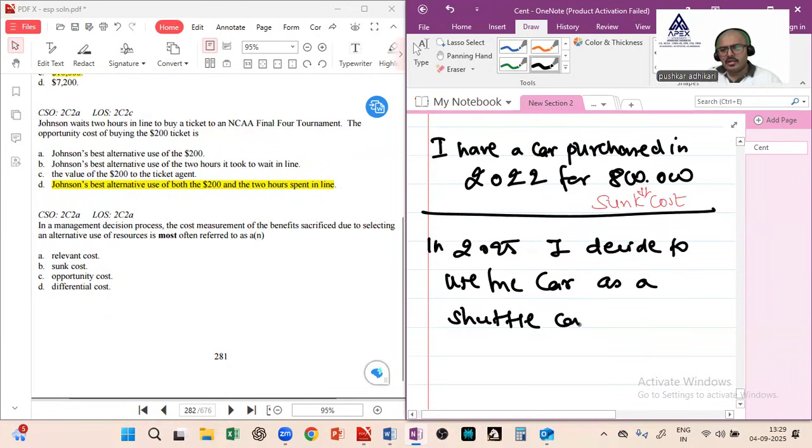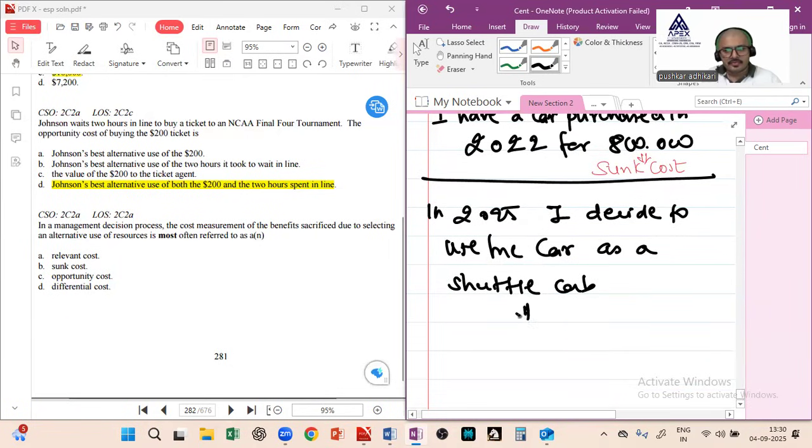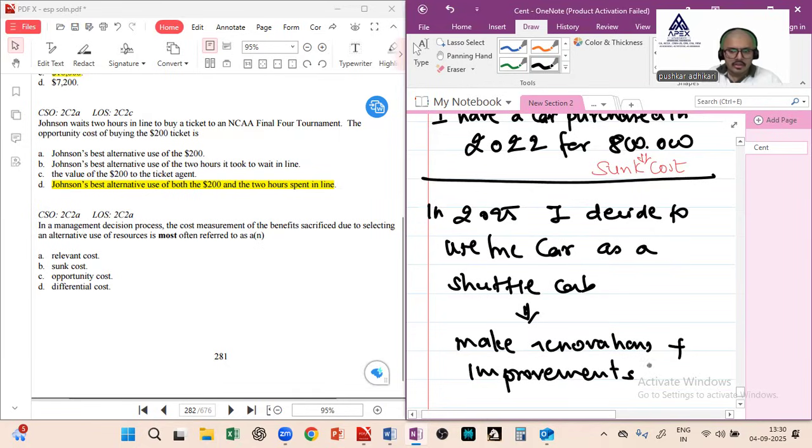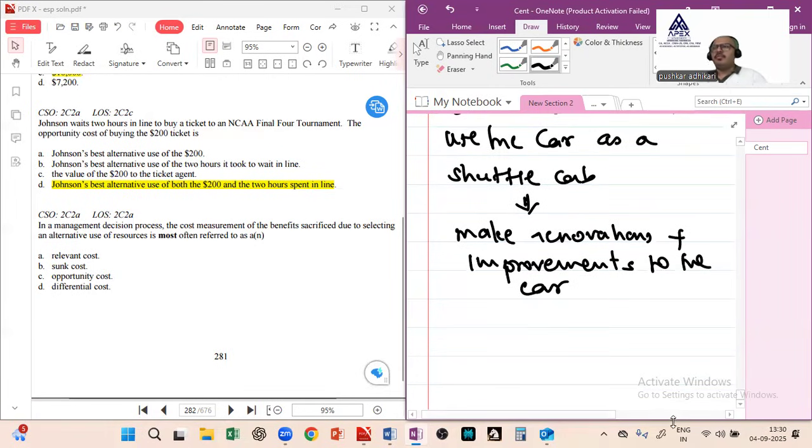So what do I do? I make renovations and improvements to the car. What is this? This is nothing but all of my relevant costs, because I have now spent this today, and my decision of using it as a cab will depend on these renovations and improvements that I am making today.